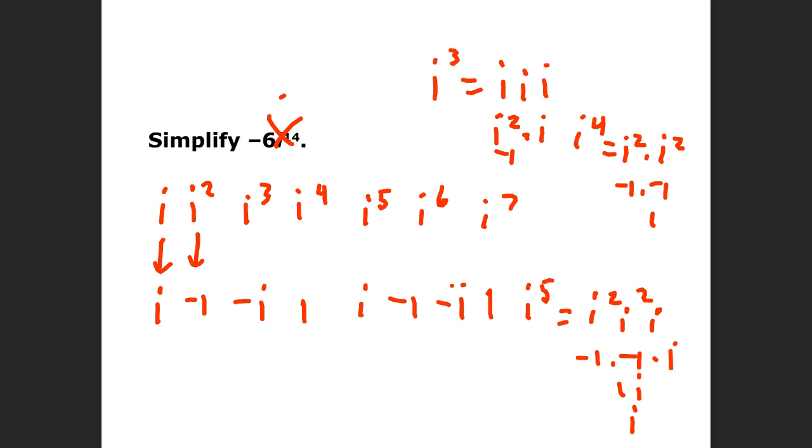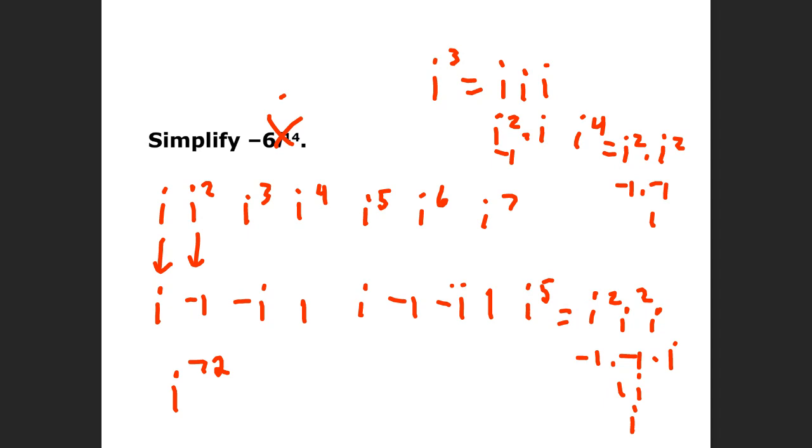Now, if I asked you, what is i to the 72nd? Now you're going to have to do a lot of thinking. Or there's a really easy rule to follow, okay? And that rule is, if you have a bigger number here, all you really have to do is divide by 4 and see what the remainder is, okay?